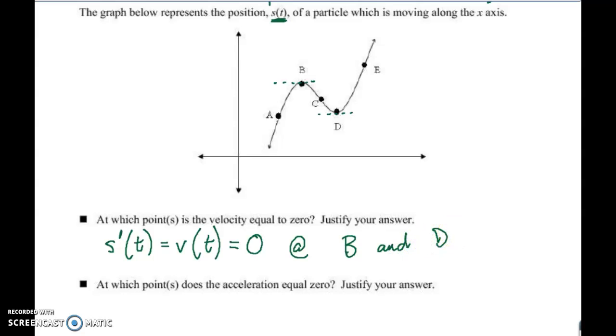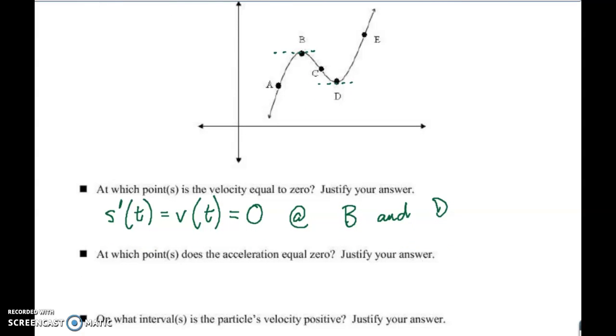At which point does the acceleration equal 0? Now, a little bit more difficult to justify this one, but the whole premise is that the second derivative of position is equal to the first derivative of velocity, which equals acceleration, so A of t is equal to 0.